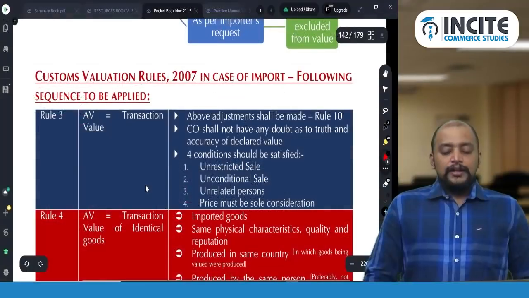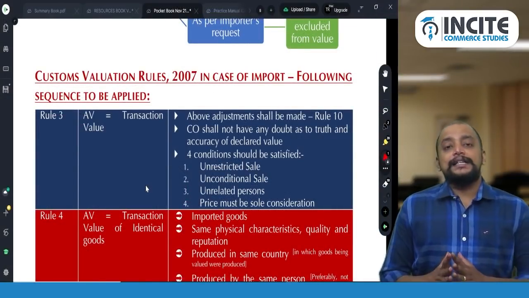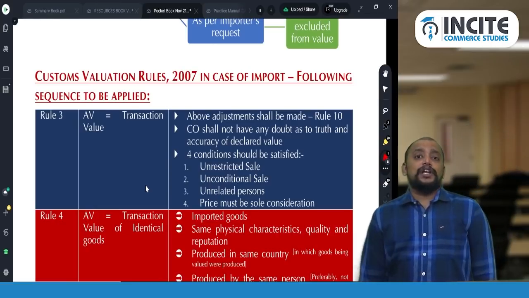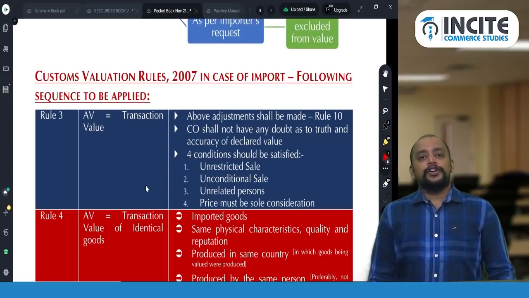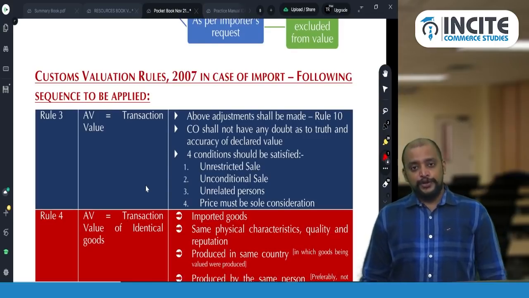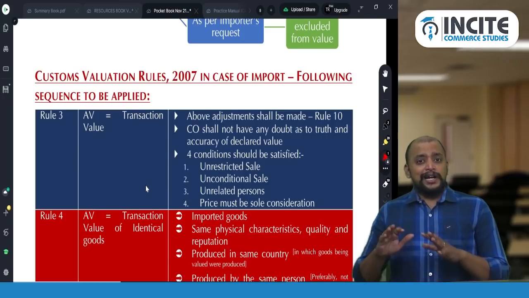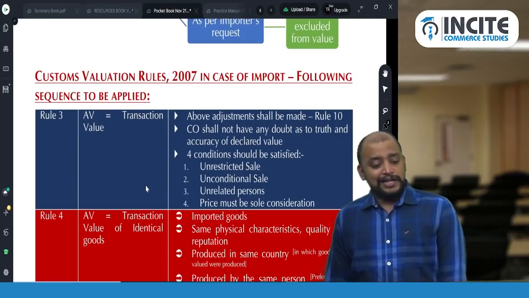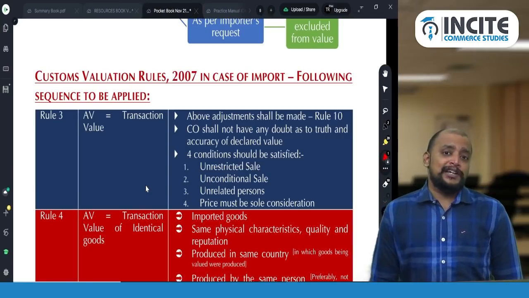Okay. So after determining the basic value, that is the transaction value, after making the adjustments, what if the transaction value is not applicable? We need to proceed to the Customs Valuation (Determination of Value of Imported Goods) Rules, 2007. What does it say? As per Rule 3, first you need to take the transaction value, that is whatever we have determined so far, and make the adjustments with respect to freight and insurance.